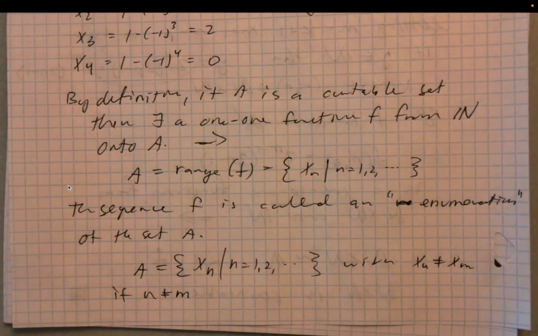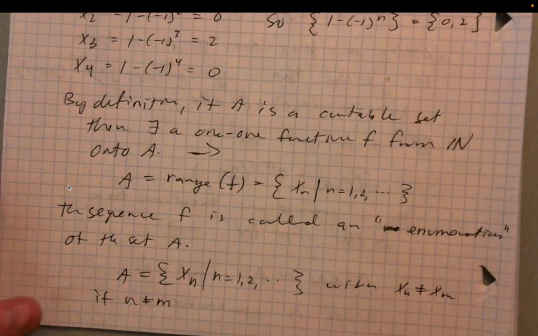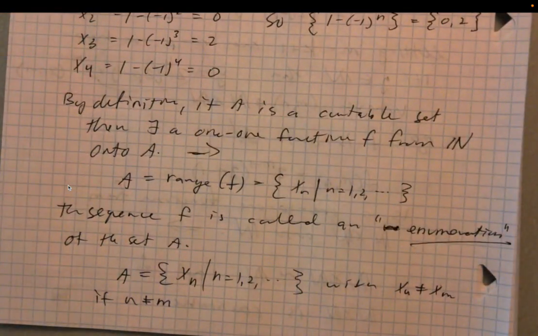The ability here to enumerate the elements of a countable set is going to play a very key role in the following theorem. So this is the idea, this enumeration, being able to enumerate the elements of a countable set. Okay, so what is this following theorem?